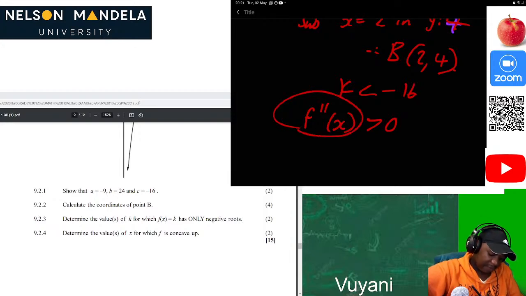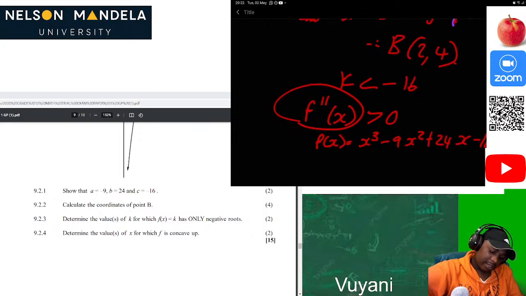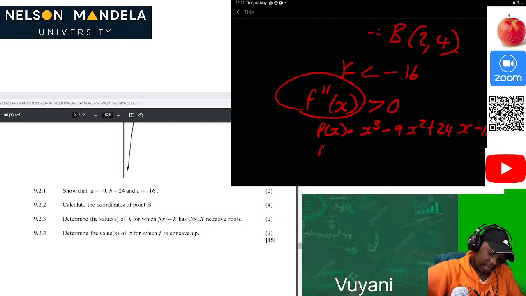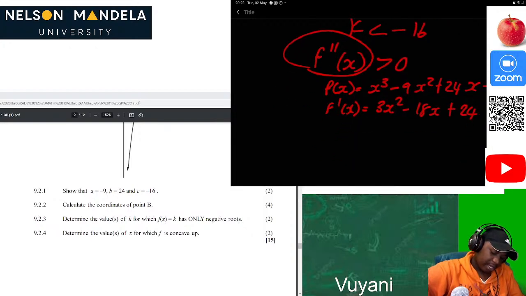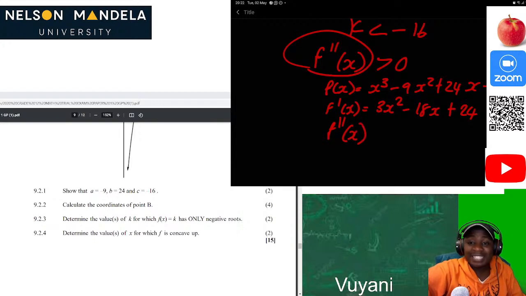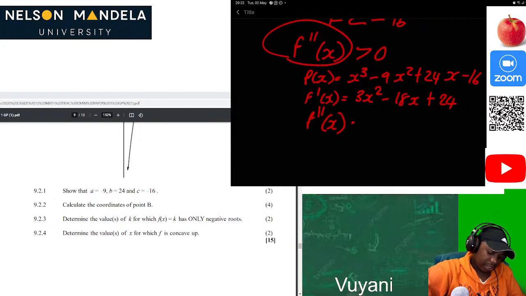So what is f of x? f of x is equal to x cubed minus 9x squared plus 24x minus 16. Then f prime of x will be 3x squared minus 18x plus 24. From that, we need to calculate f double prime of x, which is the second derivative. That will be equal to 6x minus 18.